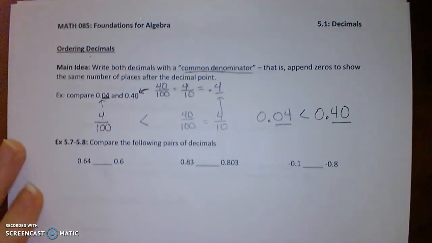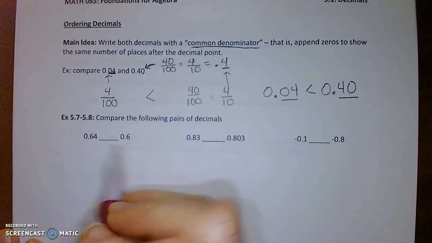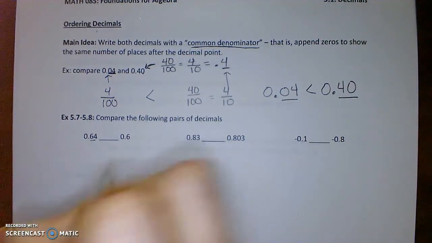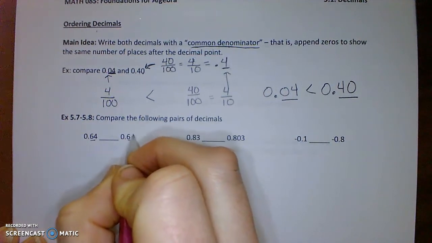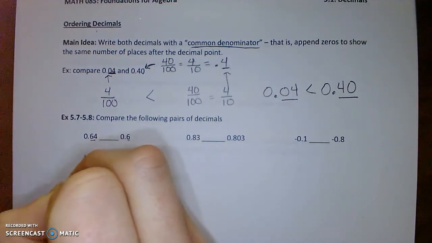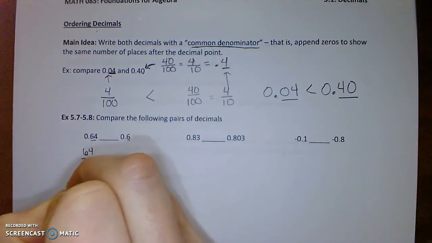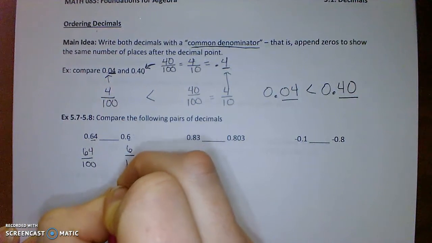All right, let's take a look at these next examples. 0.64 and 0.6, which one is bigger? So this one has 2 places to the right of the decimal. This one only has 1 place to the right of the decimal. So what you'll do is append a 0. Again, 0.64 is the same as 64 hundredths, and 0.6 can be written as 6 tenths.